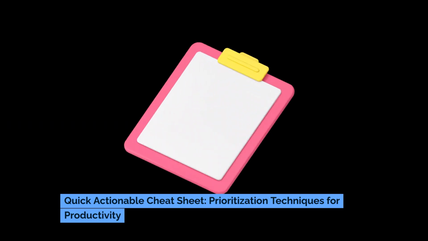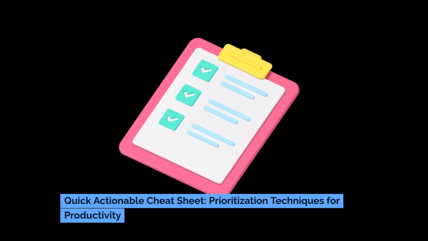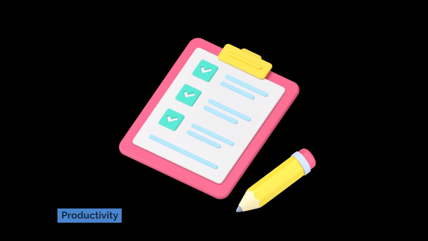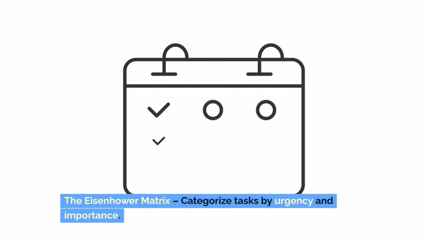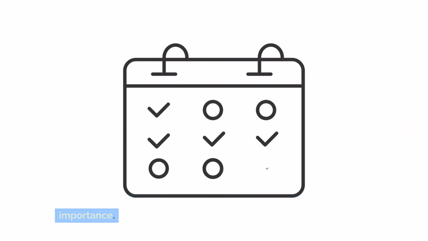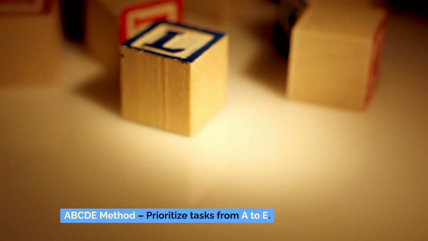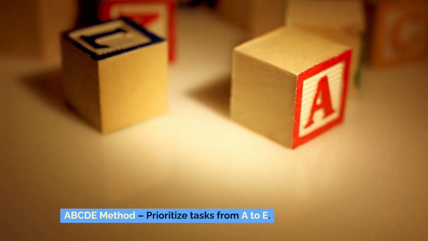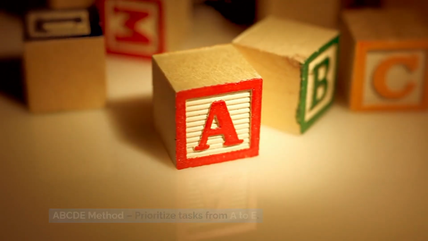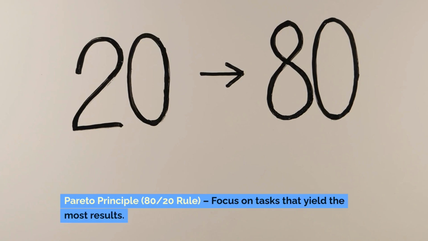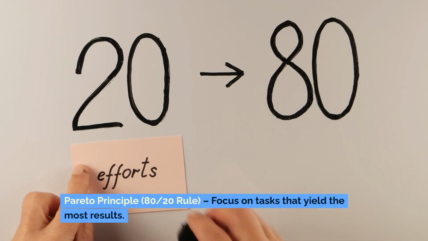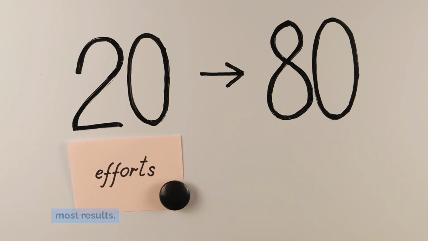Quick actionable cheat sheet: prioritization techniques for productivity. The Eisenhower matrix: categorize tasks by urgency and importance. ABCDE method: prioritize tasks from A to E. Pareto principle, 80-20 rule: focus on tasks that yield the most results.